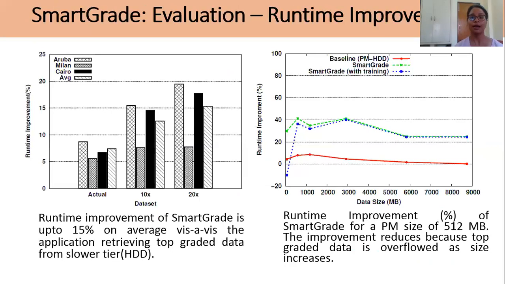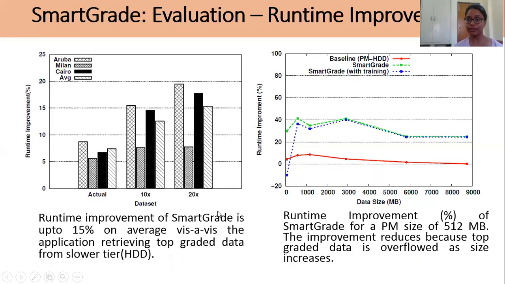The third is trying to see whether the runtime improvement, the throughput of the entire system, is increased. The application is now getting really small data as compared to the entire data, which is why the runtime of the entire system improved. In the left graph, with the actual data, we have close to 10% runtime improvement.